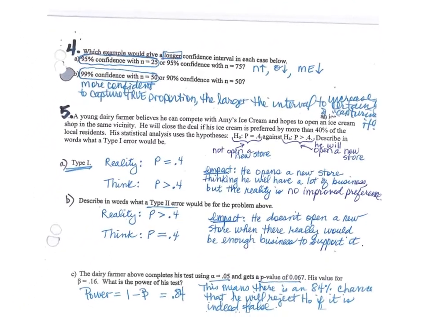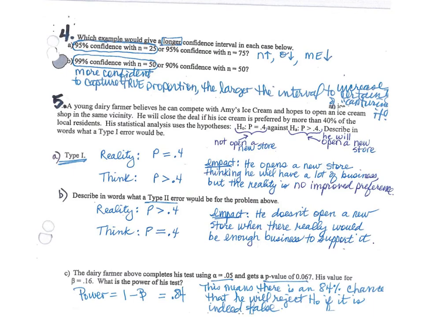Number 4. If you analyze the question carefully, here is the issue. The confidences were the same, so that was of no concern to you. Of those two sample sizes, n equals 25 and n equals 75, which one would be a longer confidence interval?